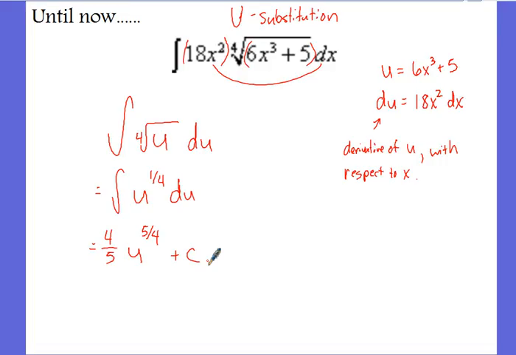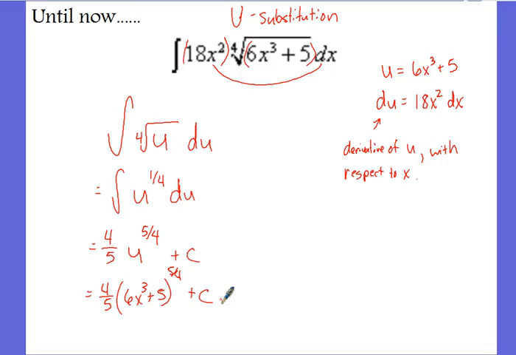X's, and my answer right now is in terms of u. But it's okay, because if I substitute it once, I can bring it right back. So what I'm going to do now is say, this is really 4/5 times 6x cubed plus 5 to the 5/4 plus c. You got to put that x back because that was what the question was in the first place.